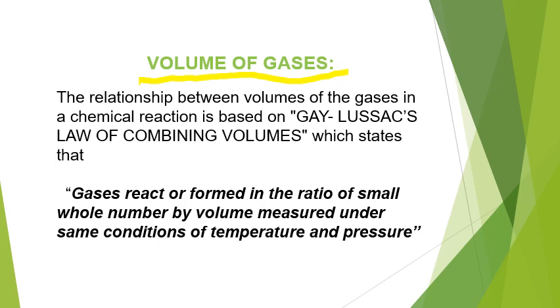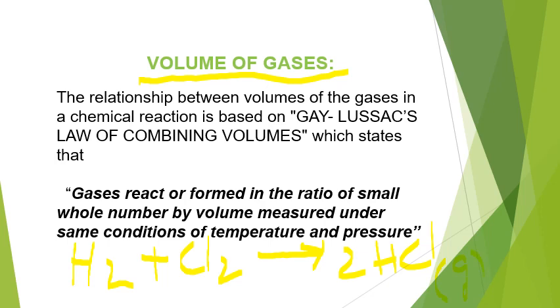Now how to apply it in equations? Here we say H2 reacts with Cl2 to produce 2HCl. Here you will find the term g mentioned in parentheses. This g represents the state of the substance.